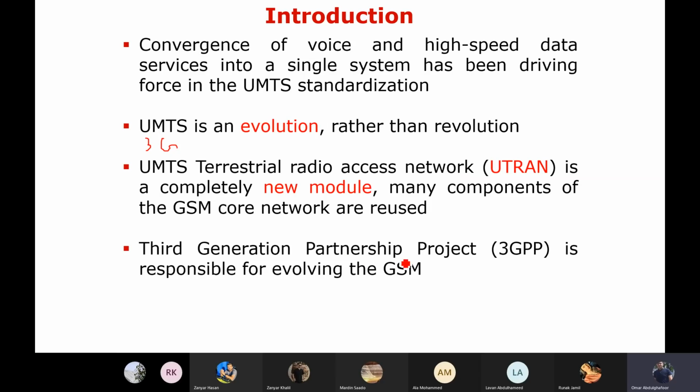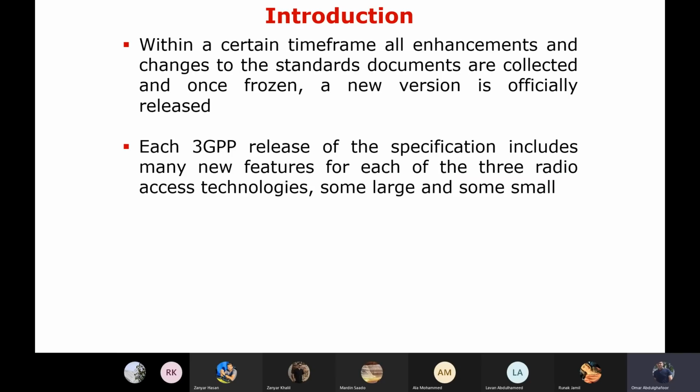And the Third Generation Partnership Project, 3GPP, is responsible for evolving the GSM. This one is related to the 3GPP releases. The specifications include many new features for each of the three radio access technologies, some large and some small.